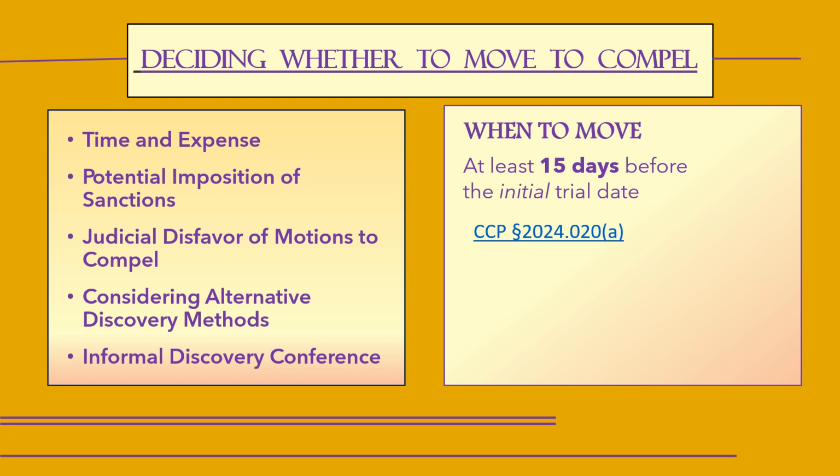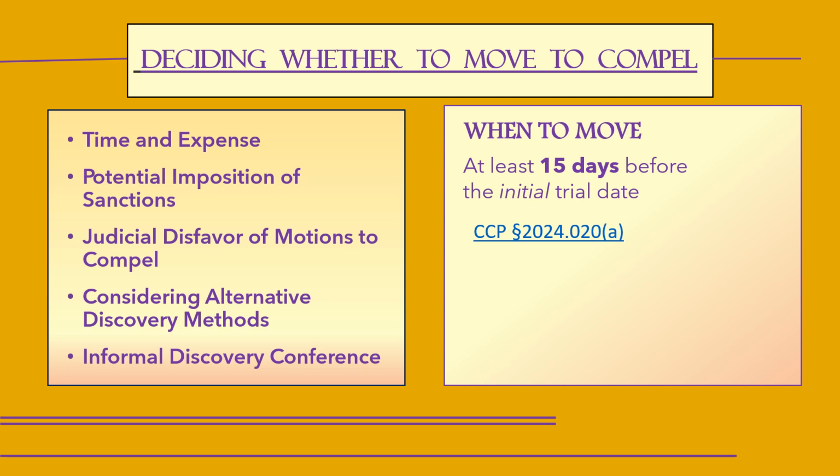Counsel should consider other potentially more cost-effective ways of getting information. For example, if interrogatories were unsuccessful in getting the needed information, a deposition may provide that information more readily and less costly than a motion to compel further responses.